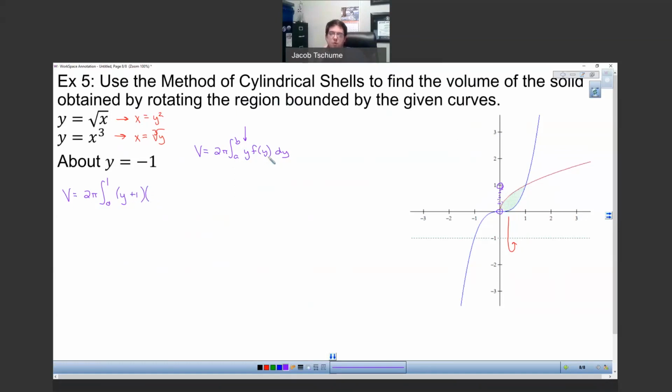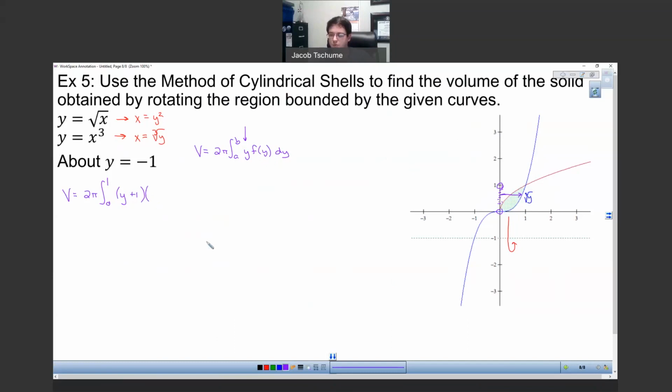And then your f of y, like I said, there's a gap right here. So you have to do your washer method variation, which means you have to do your outside function, which is the blue graph. Now the blue graph is traditionally the x cubed graph, so we would have to call that the cube root of y.